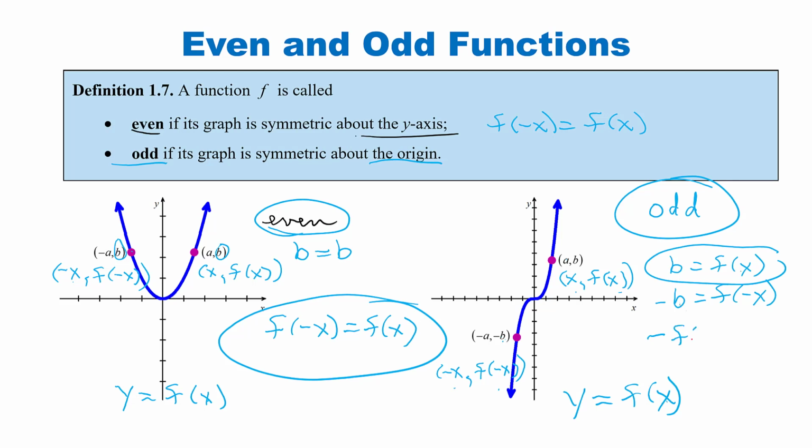So negative f of x is going to be equal to f of negative x. This is the way we determine if a function is odd. We use this test. And if we can find that negative f of x is equal to f of negative x, we know that our function is odd.